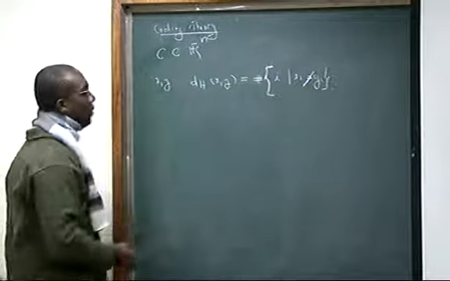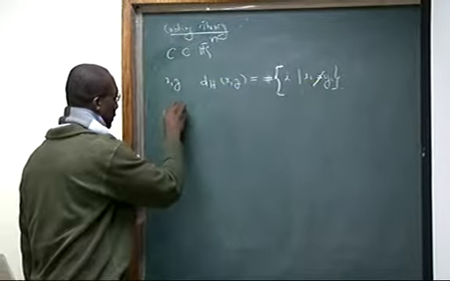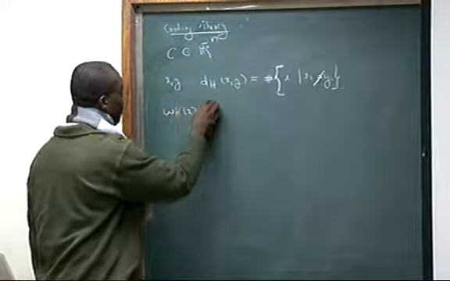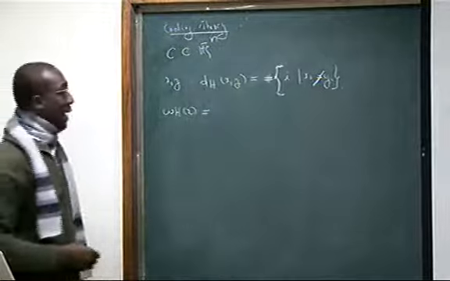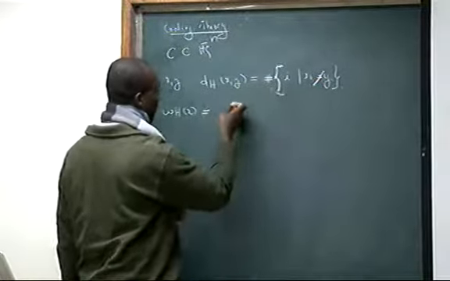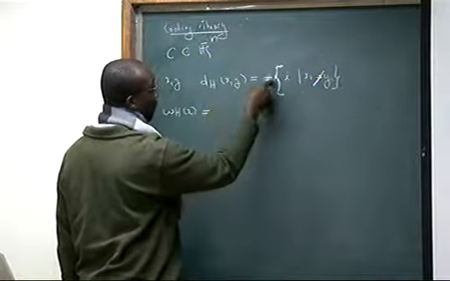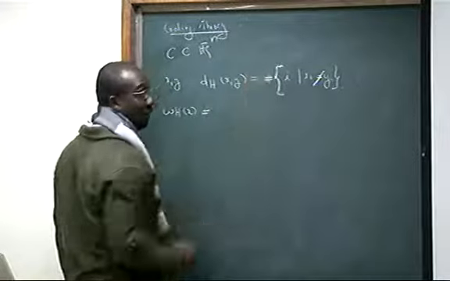And we also define the weight of a code word as the number of i where it is different from 0.